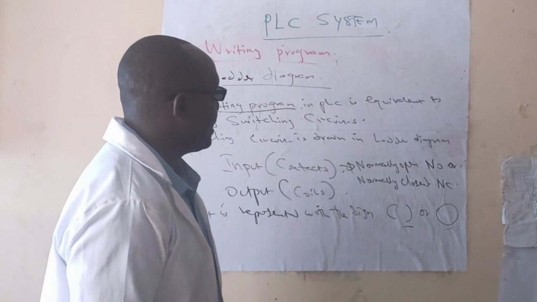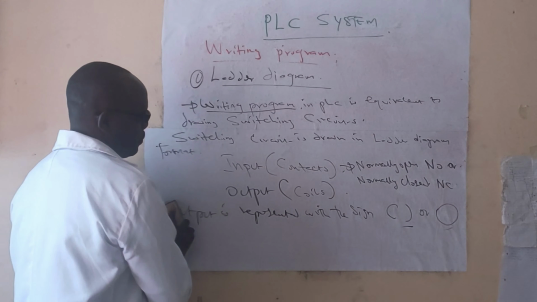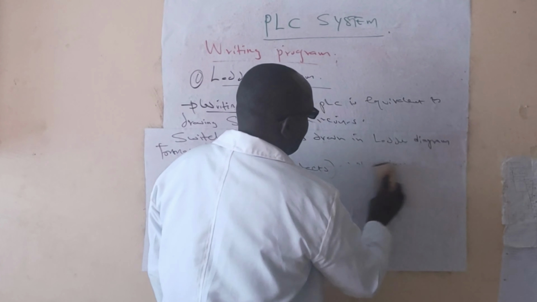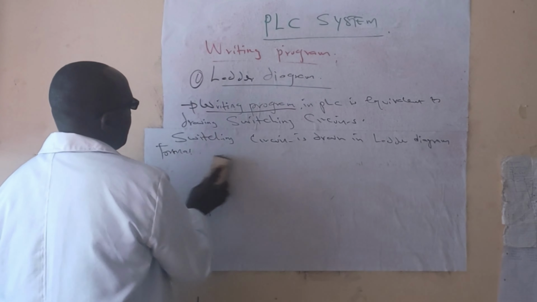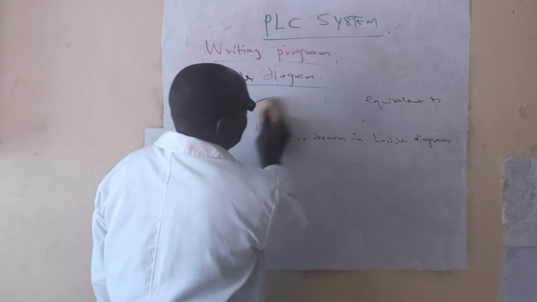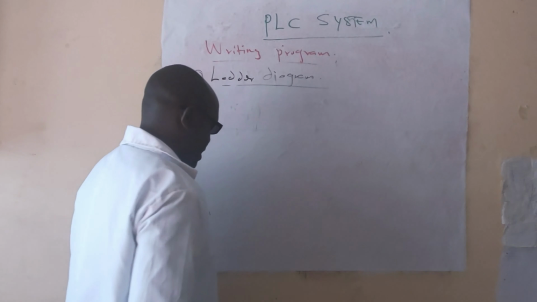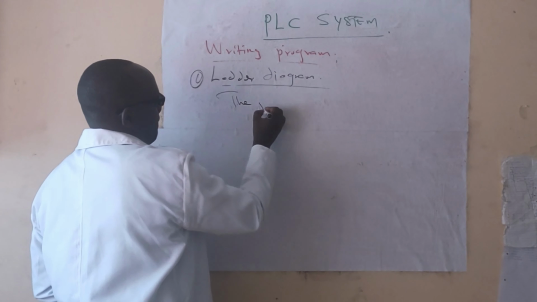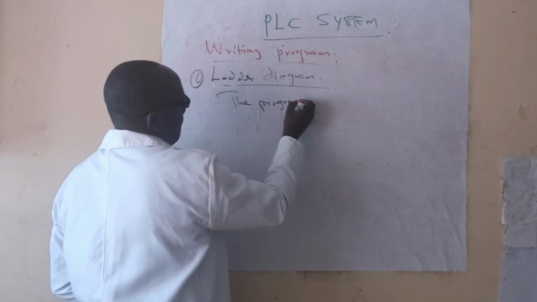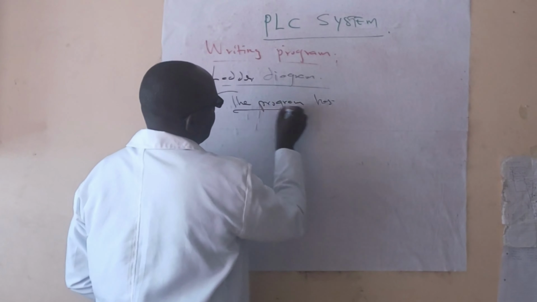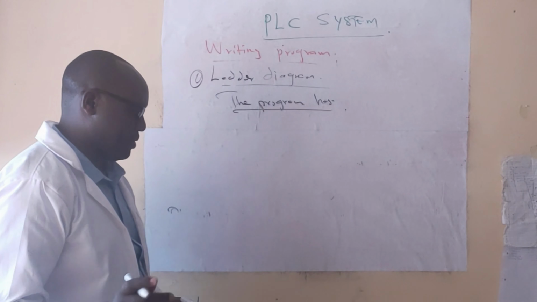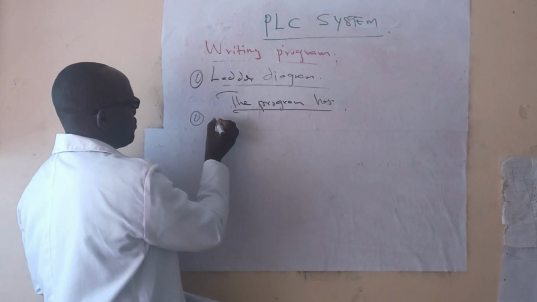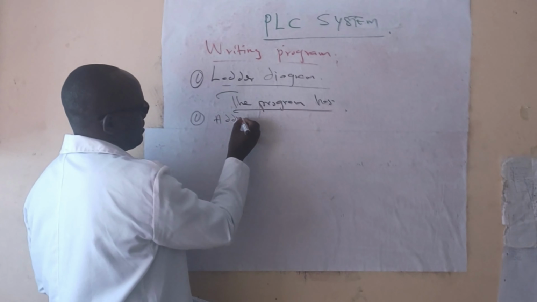Then again, something else that we need to note is that the program has the following components. The program has three components. One, it has what we call an address.